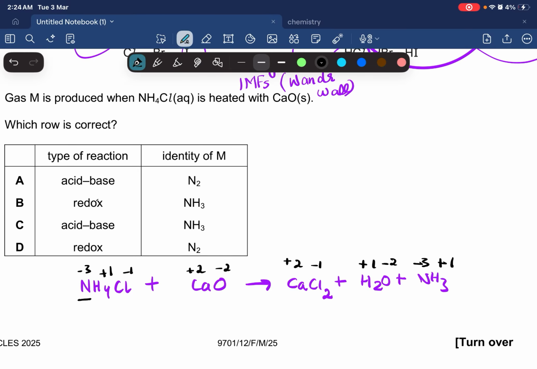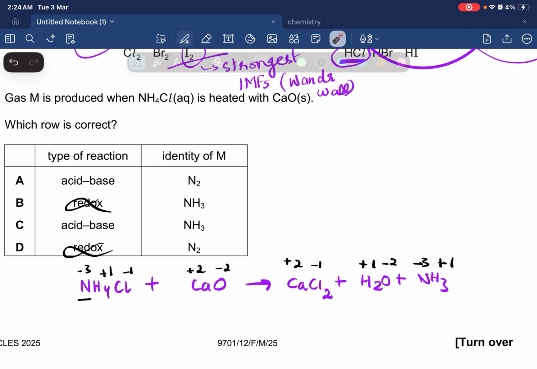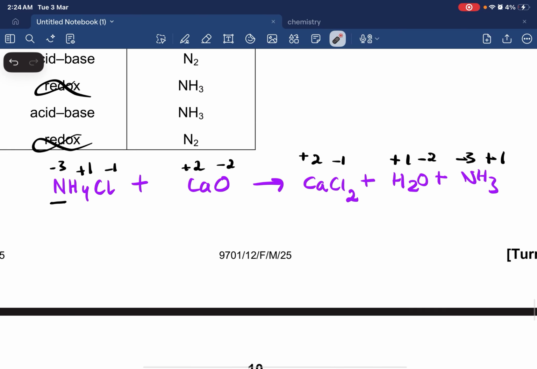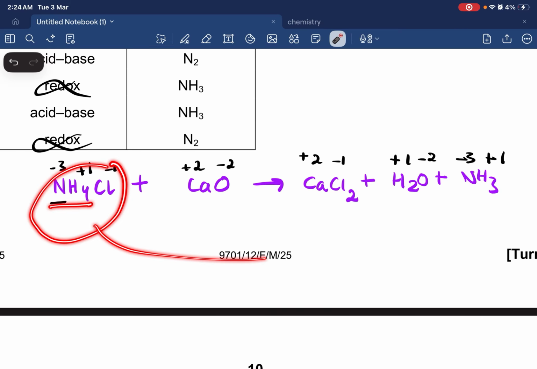Then if it's not a redox reaction, you might think, how in this universe can ammonium chloride be an acid? Well, it is an acid. Why? Because in O-levels IGCSE we learned that acids are proton donors. And look what ammonium is doing. It's donating its proton, giving its proton to form ammonia. Ammonium NH4 plus donated its proton to form NH3.